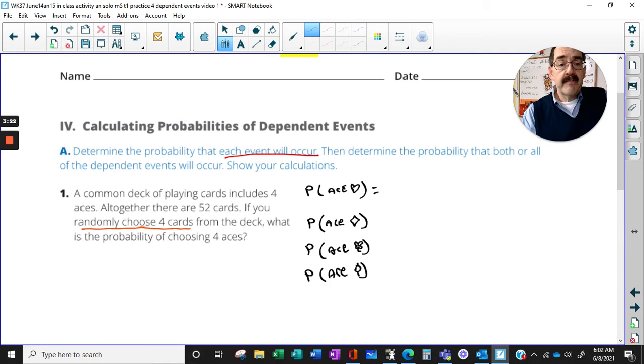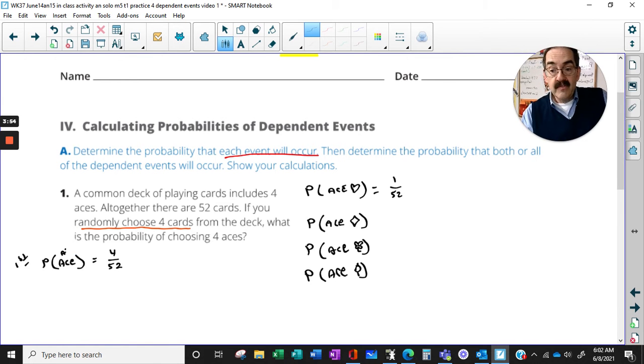So what's the probability of getting an ace on the first draw? 1 out of 50. Oh, okay. Now that's one way to look at it. 1 out of 52. How many of you thought this? Probability of an ace on the first draw. 4 out of 52. Okay? See, we have all of them.